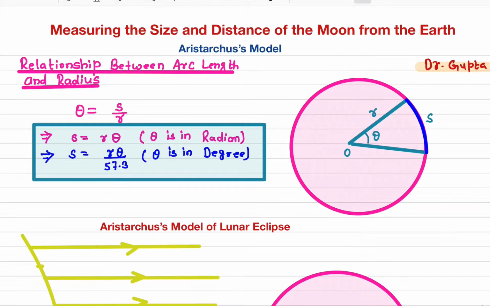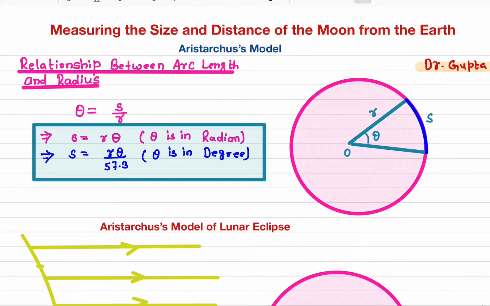And remember, here theta is in radian. Theta must be in radian if you use this equation. If your angle is given in degree, then you have to divide this equation by 57.3. You might be wondering where this 57.3 is coming from.